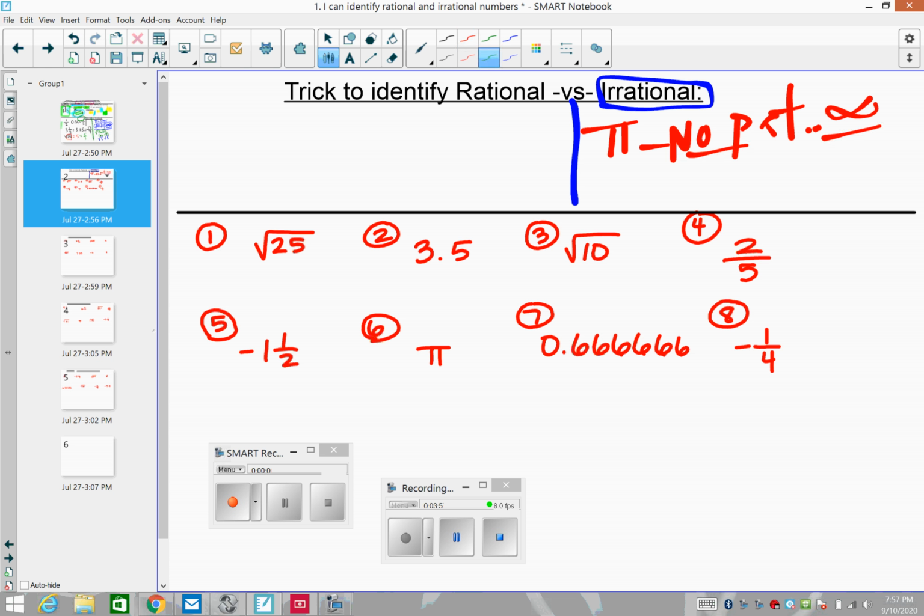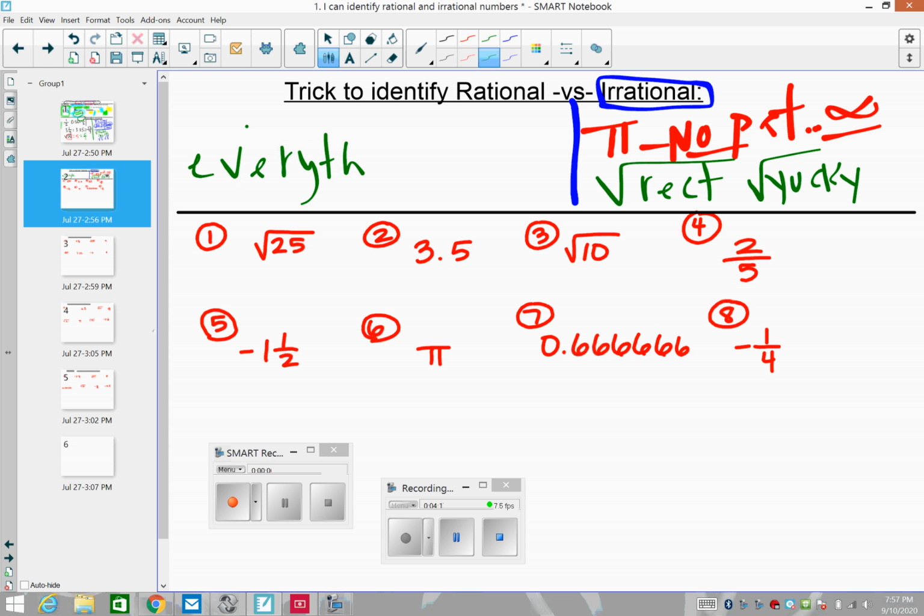I'm having a tough time. This pen is really hard to write with. The other thing is the square root of things that are yucky, which we would call rectangles. The square root of yucky stuff. Everything else is considered to be rational. That's supposed to say everything.